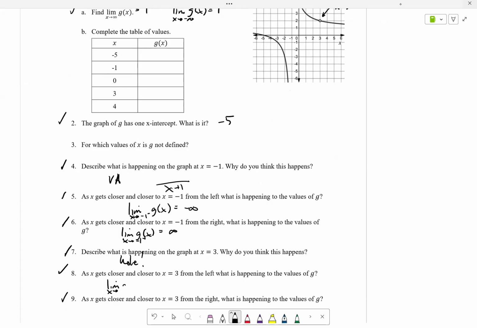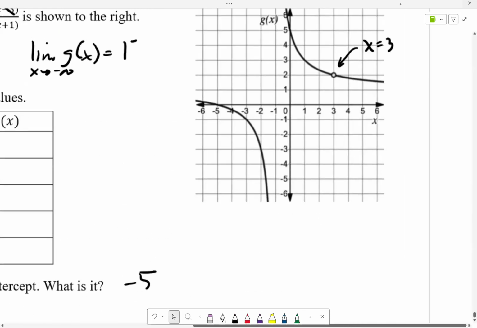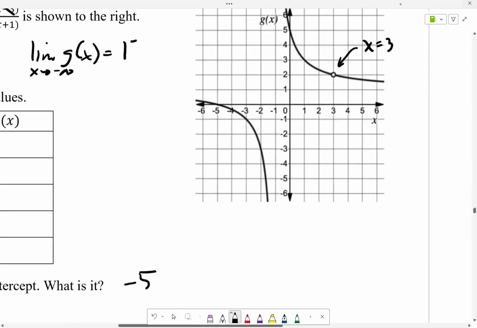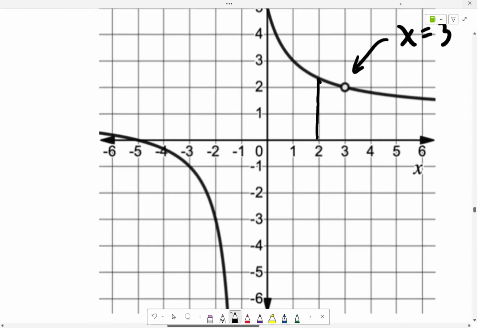In this case, we're taking the limit of g of x as x is approaching 3 from the left. So I'm just translating into this notation. Now that's just asking what's happening to these y values. When I plug in 2.1, it's a little bit less.